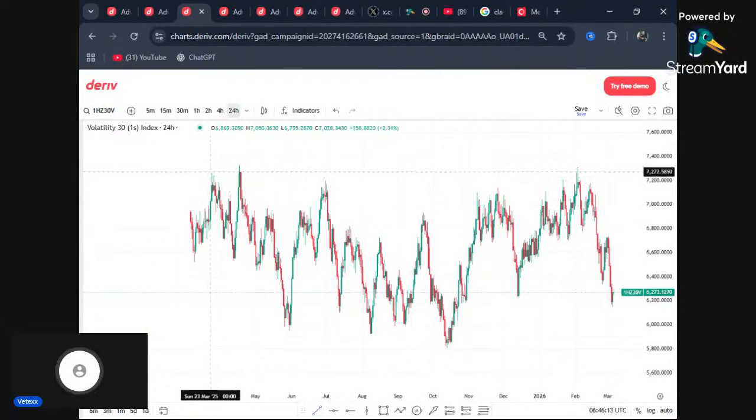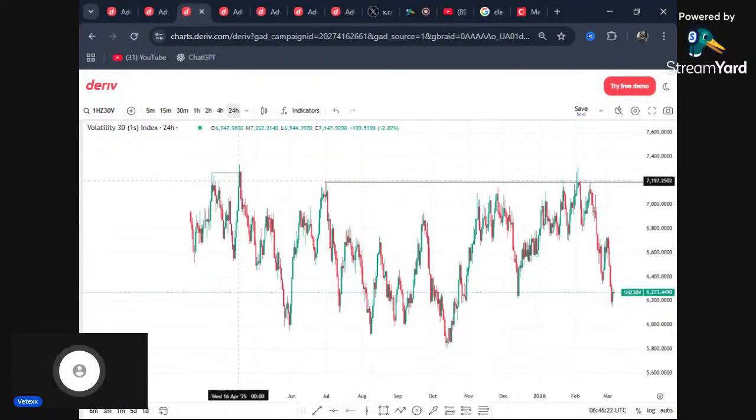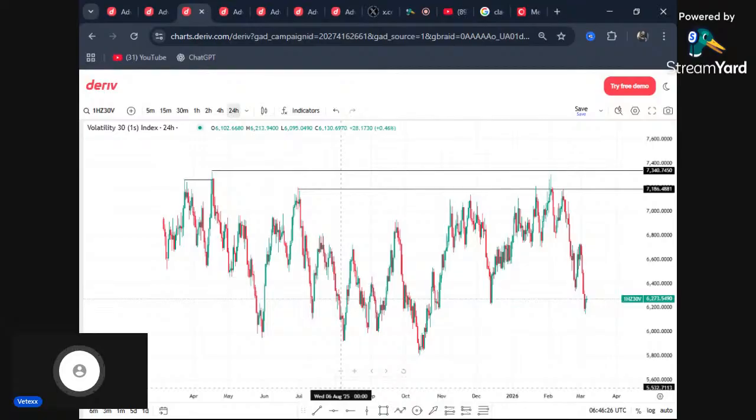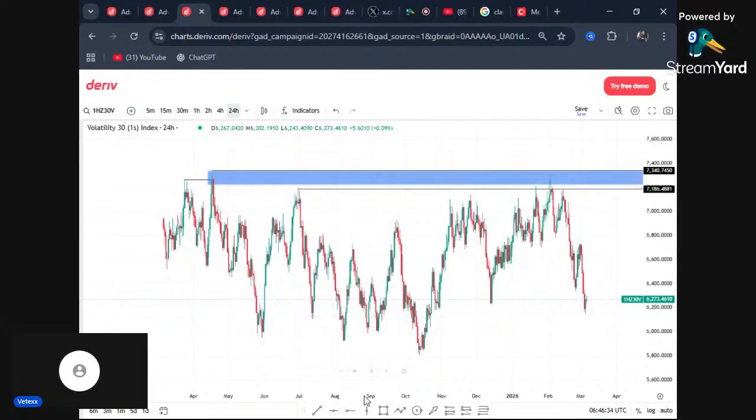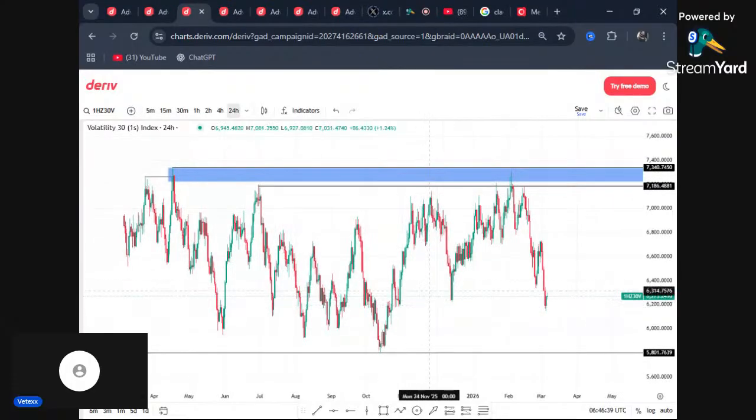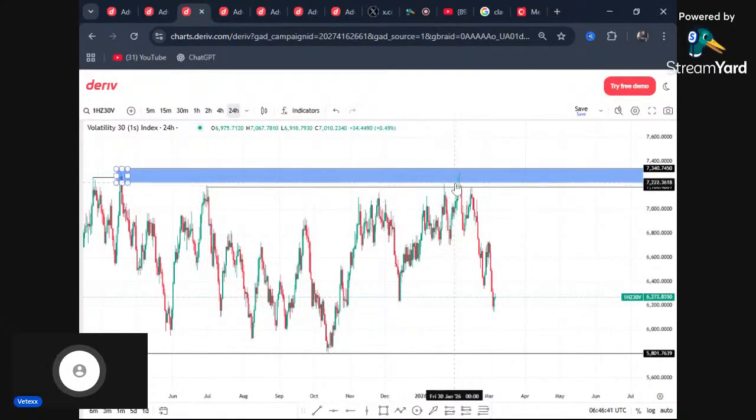We have a sweep of liquidity, which is right here, and then structural liquidity here, and a protected high here. So this is our starting point on V31S, and this right here is the finish point. Price is expected to sell all the way from here to the downside.